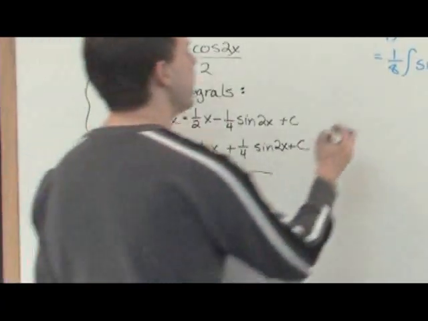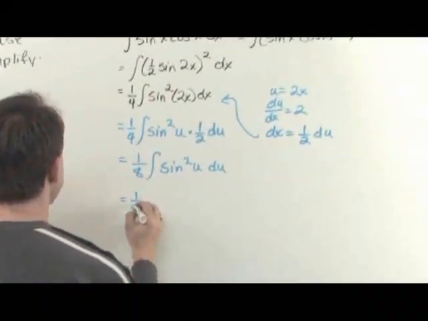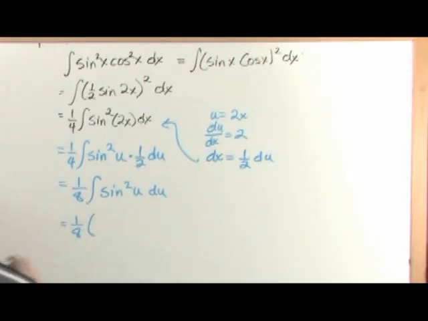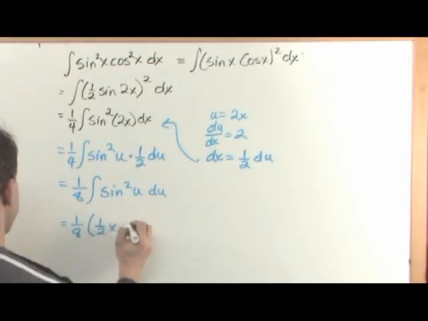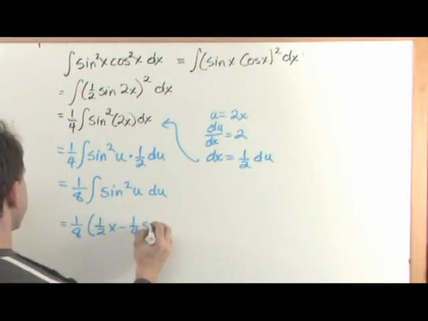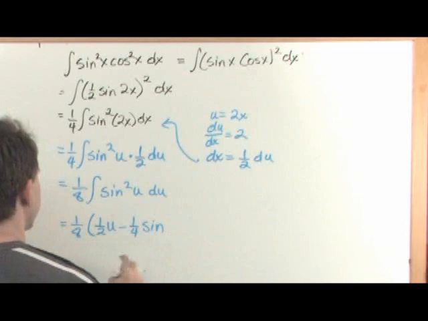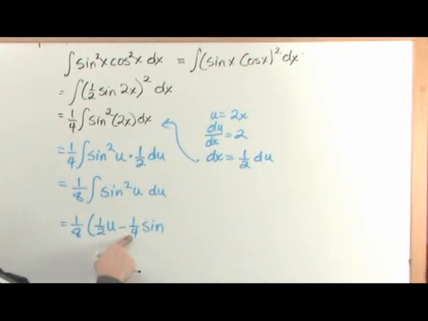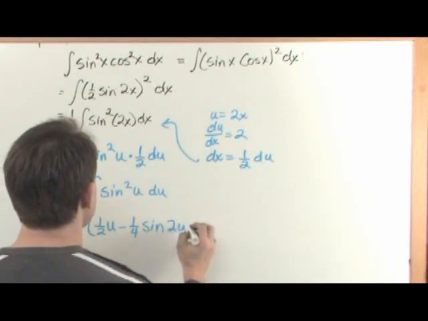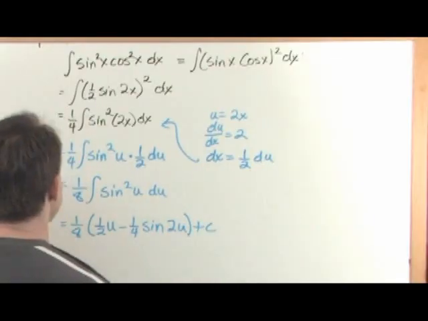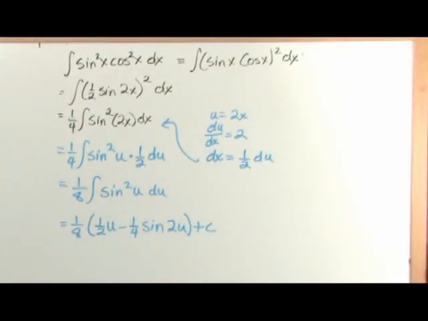So I'm going to use that fact, and I'm going to say it's 1/8 times 1/2 u, because I'm still talking in terms of u, minus 1/4 sine of 2u plus a constant.